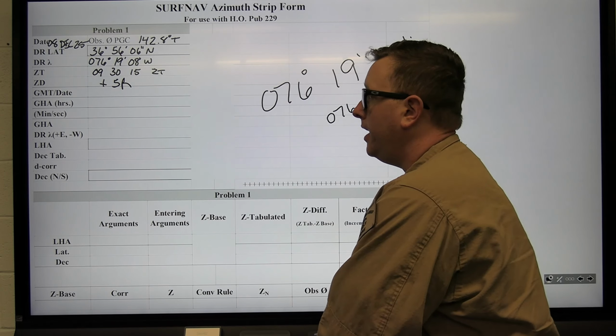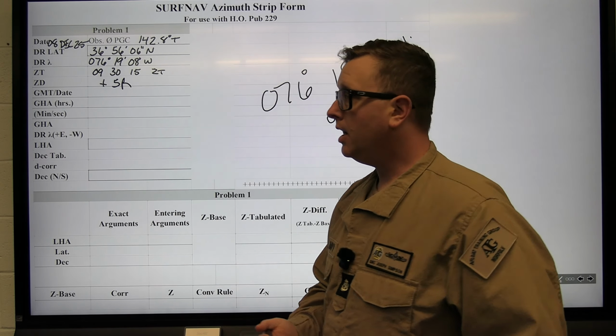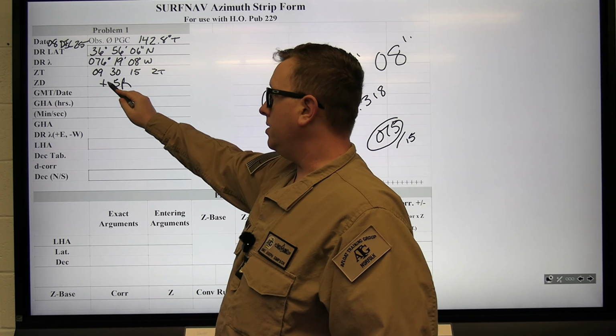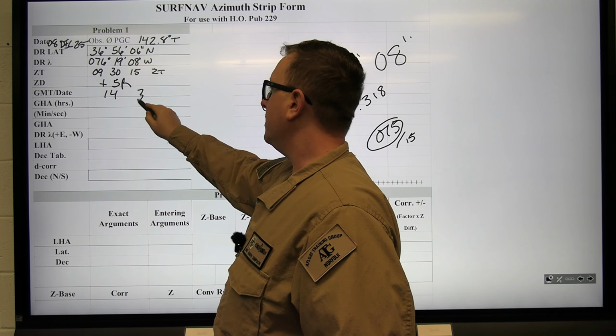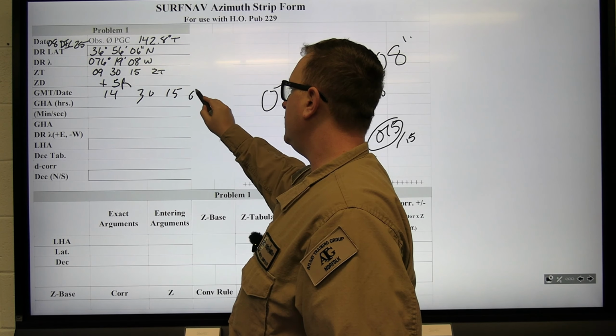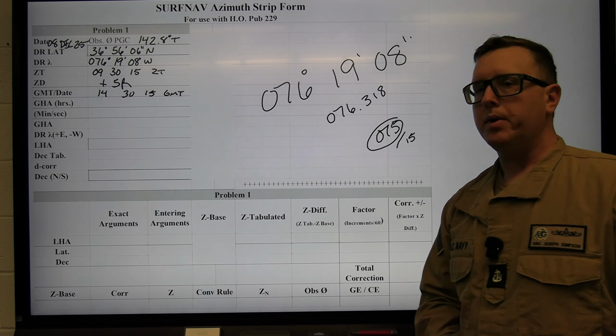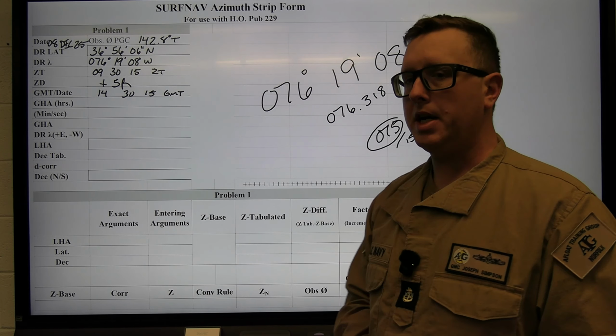Now that we have that, we can convert zone time to GMT by just adding 5 hours. So this 09 becomes 14 hours, 30 minutes, 15 seconds GMT. Now that we have our GMT time, we can go into the Nautical Almanac.